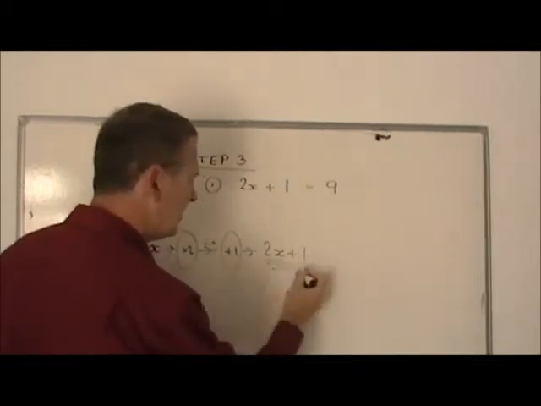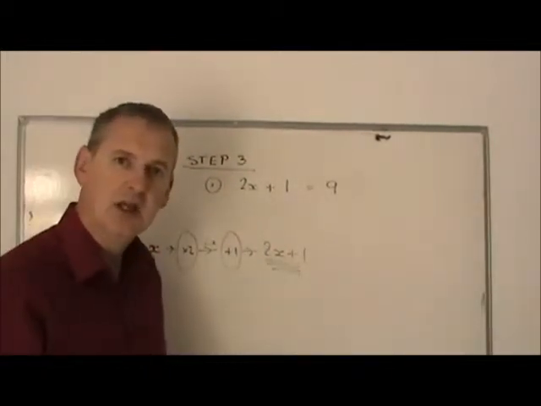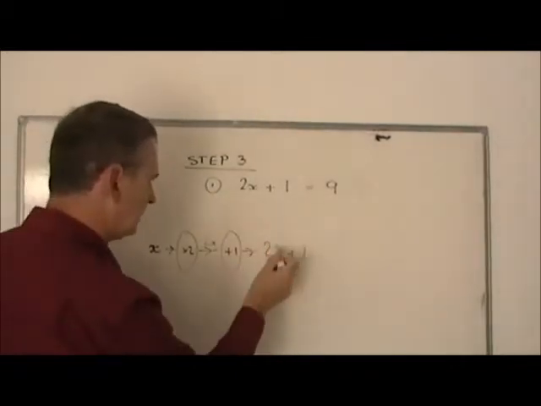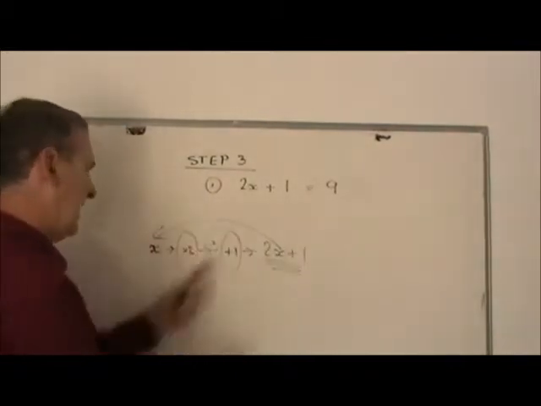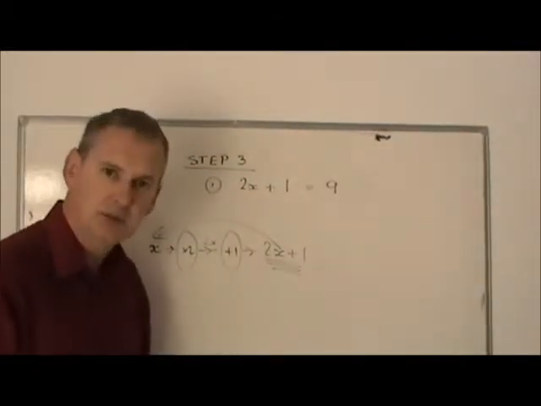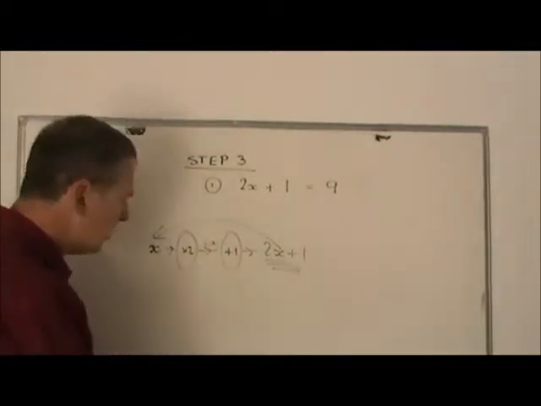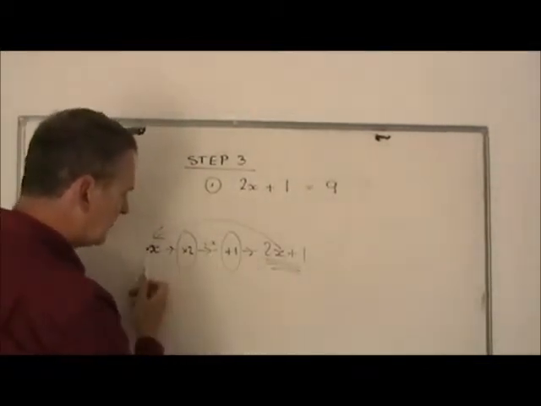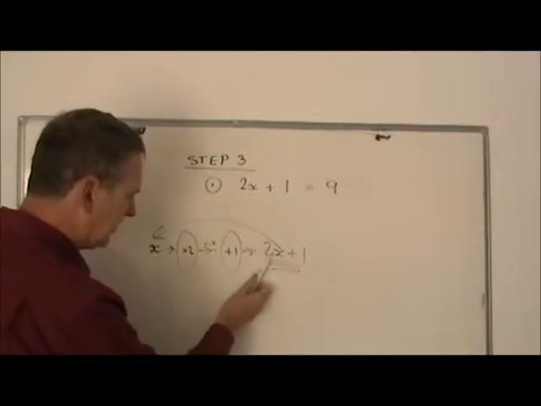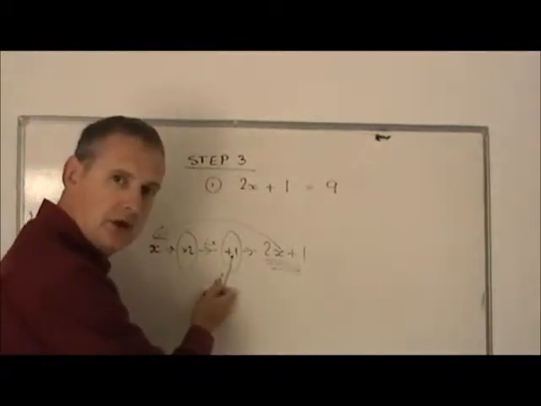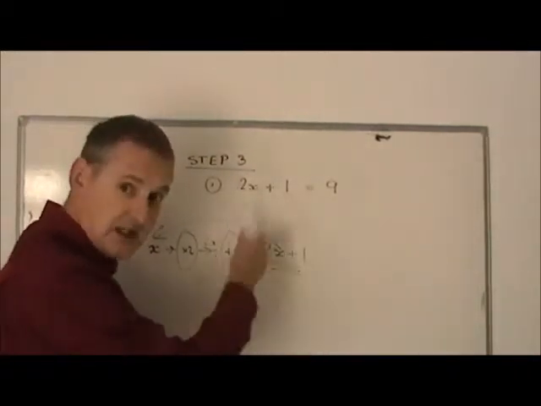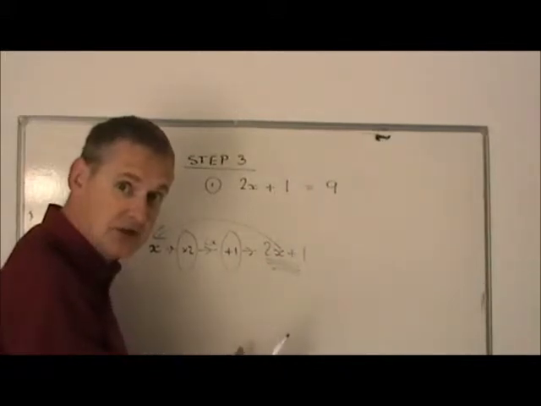So what we've got to do is undo the 2x plus 1 and go back to try and get x. I'll show you how I do it in a minute, just bear with me for a second. If you imagine going backwards through this little machine, the first thing that you've got to do is undo the plus 1. To do that, we're going to take it to the other side and change it to a minus 1.